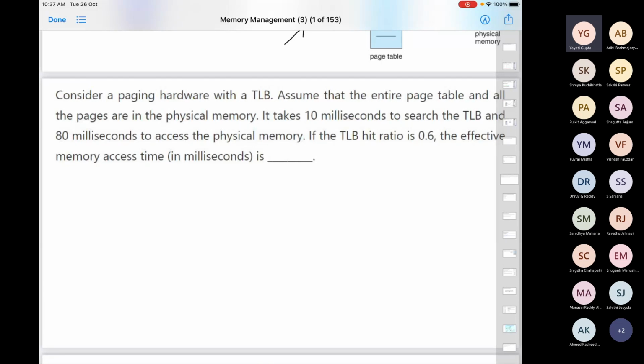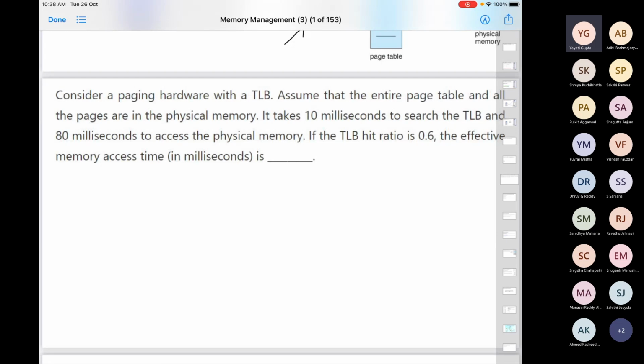Those of you who are online, you can write the answer in the chat window. Thirty-eight. So think in terms of total memory access time.